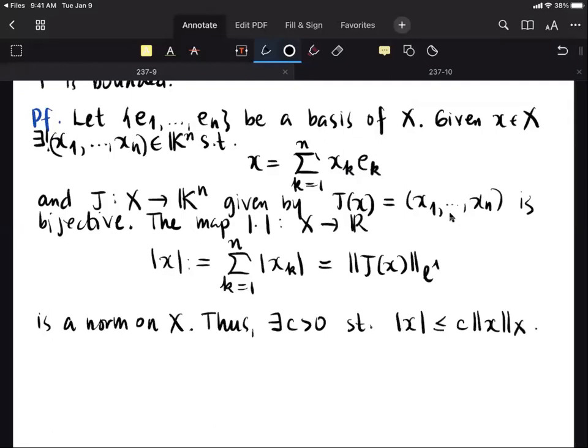Here we are using the fact that all norms on a finite dimensional vector space are equivalent, and we only take the one inequality.